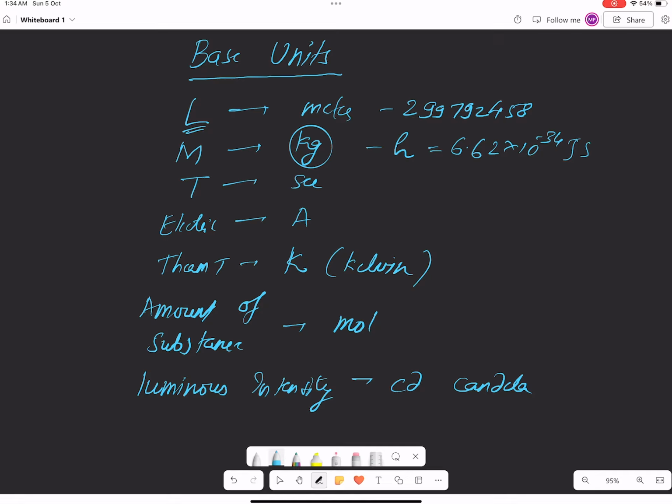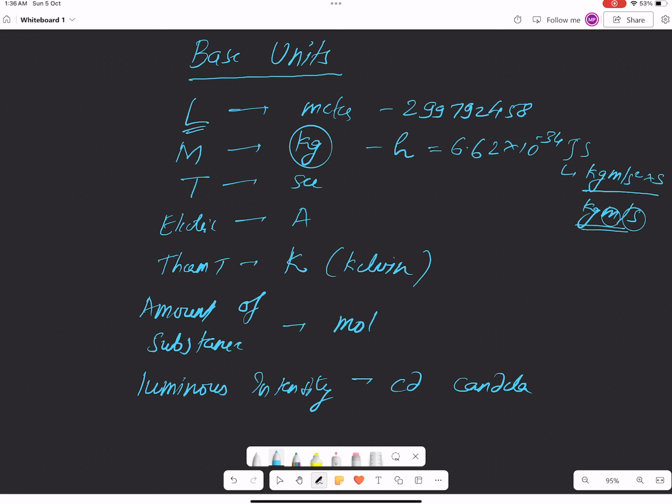So when we talk about mass, we have to associate it with Planck's constant, that is h. And joule is kg meter square per second square, into second. So it becomes kg meter square per second, where this meter and second are defined in terms of c, that is speed of light, and delta ν, that is frequency of cesium atom.